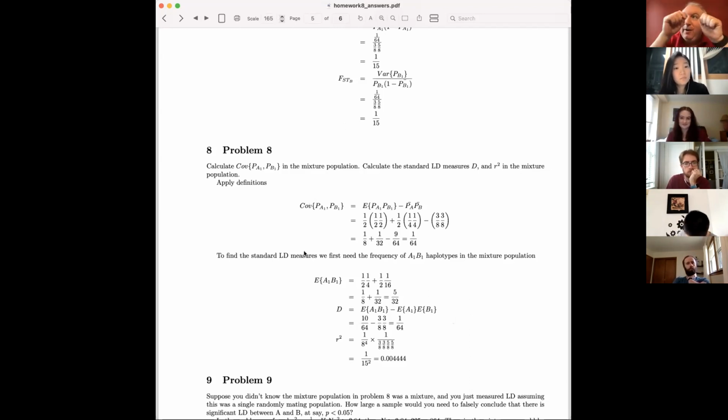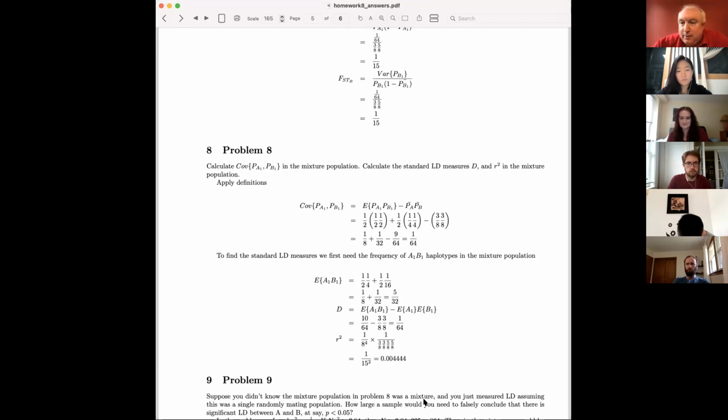And the covariance in the frequencies averaged across populations turns out to be the amount of linkage disequilibrium I've induced between them, or at least I appear to have induced.